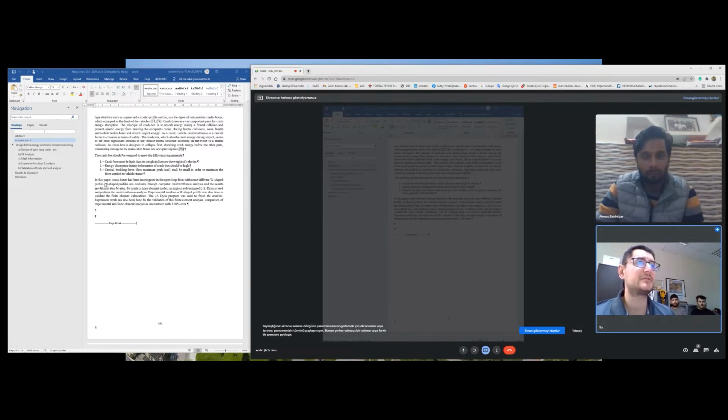Let me try to read it again. In this paper, Crashboxes have been investigated in the open loop form with some different W-shaped profiles, because regularly Crashboxes have a closed loop, like rectangular, circular, or hexagonal shape.